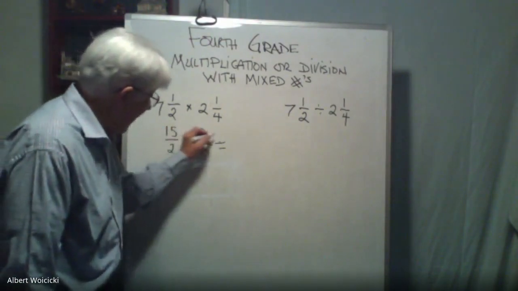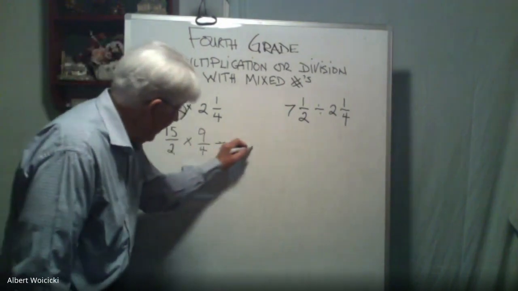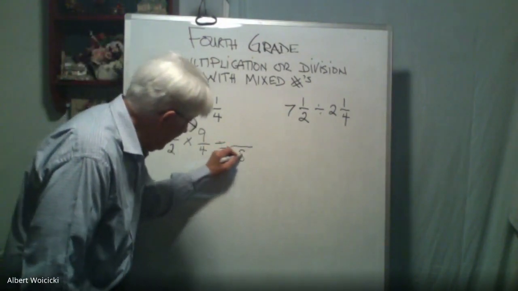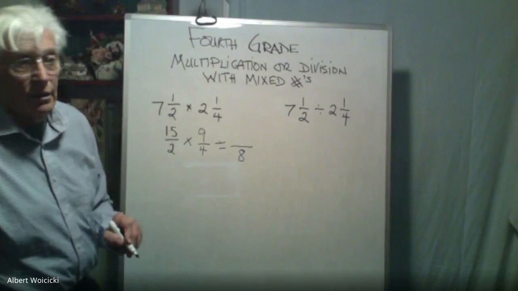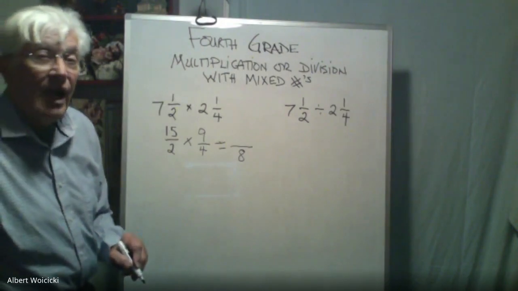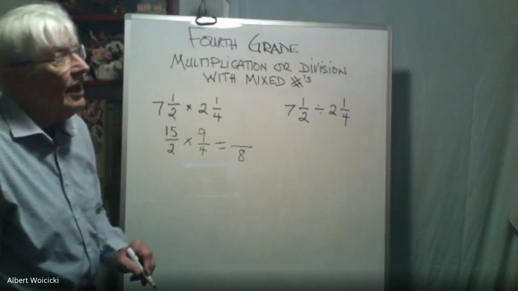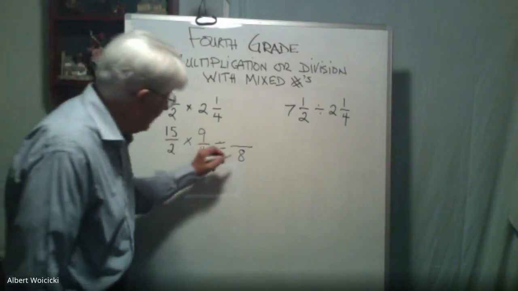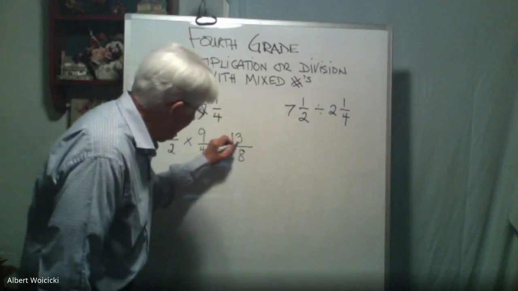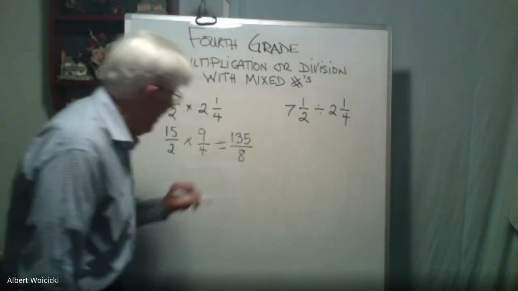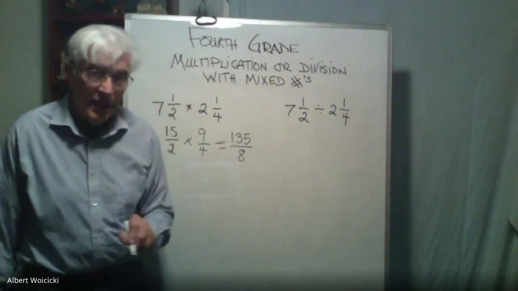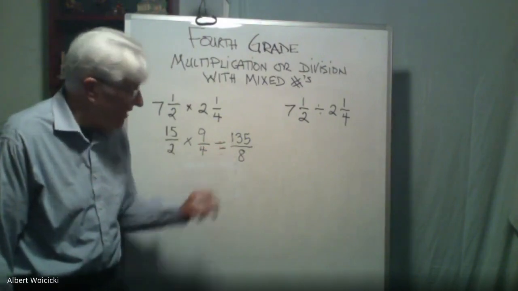So we multiply this straight across, and we're going to come up with something in eighths. 15 times 9. 9 times 15. Let's see. 8 times 15 is 120, so it's 135. Okay, so that's 135 eighths.